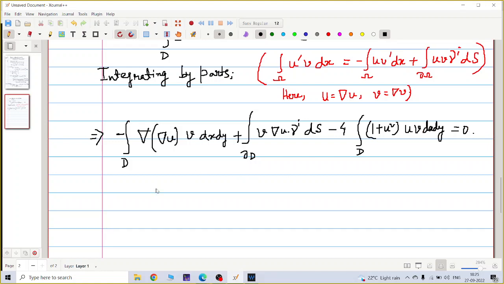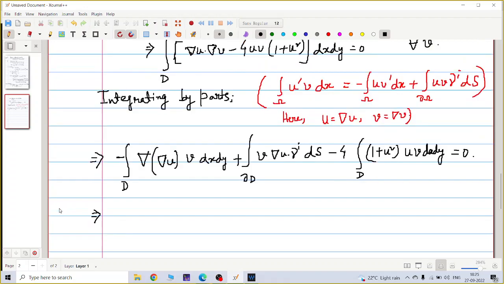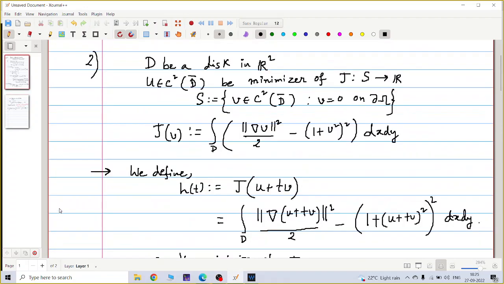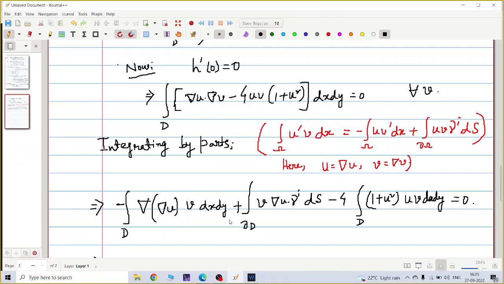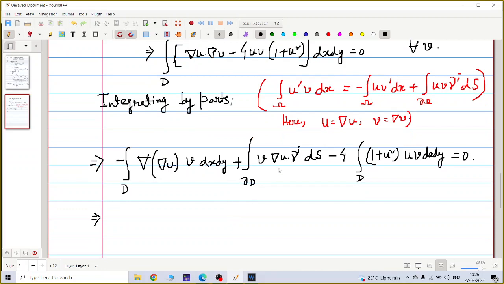Now on the boundary I know that v is 0, because the set S is given as those v that are 0 on the boundary. So the boundary integral becomes 0, because v equals 0 on the boundary.